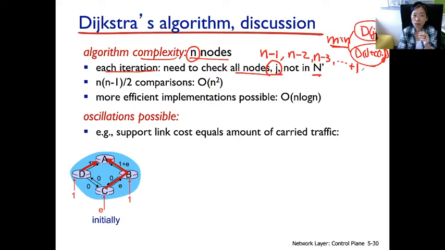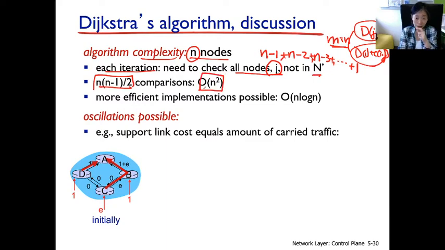In the last iteration, the second step is not going to be called because there's no j remaining. So if we add all these together, this is the number of comparisons: n multiplied by n minus 1, divided by 2. And this is on the scale of n squared.